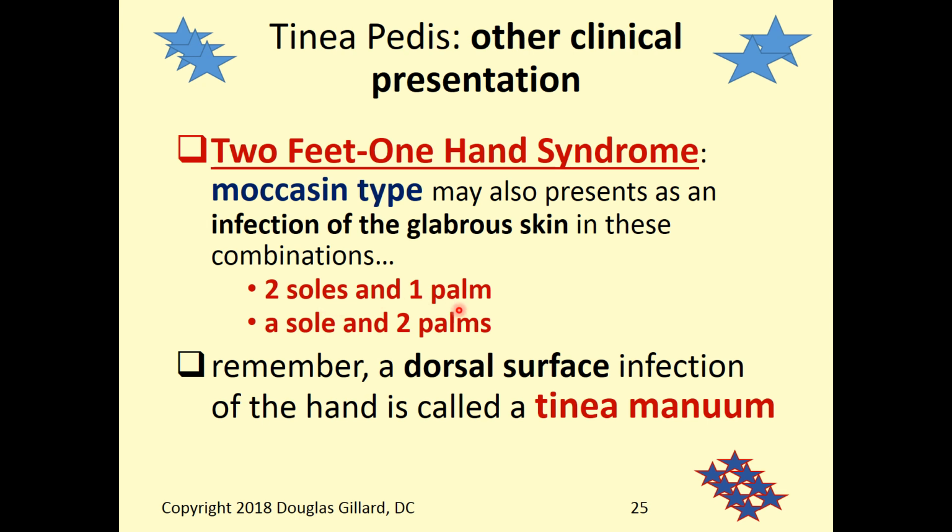And then strangely, you get it in one palm but not the other. And then an opposite situation is where you get it in both palms and one sole. So out of the four palmar plantar surfaces, one's always normal, which is very strange. And there's been a lot of research on that and it's statistically significant, and we don't know why that is.